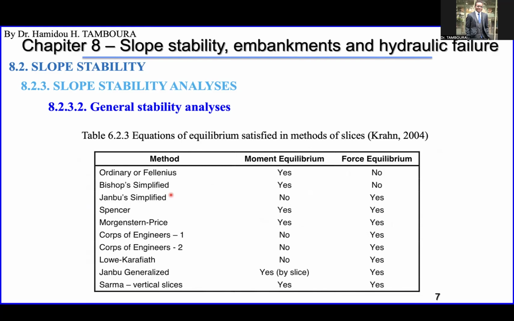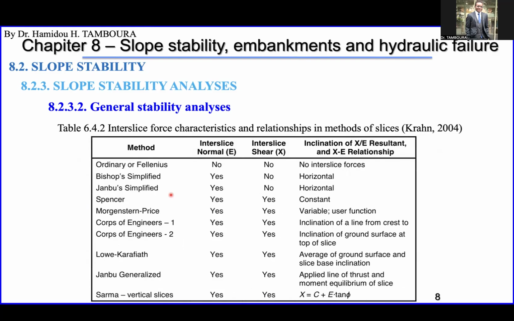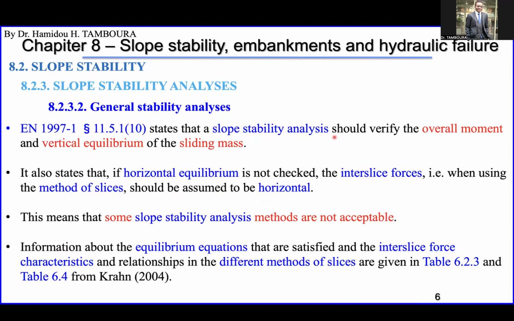But if we go in the previous slide of Eurocode, it's saying here, first, overall moment and vertical equilibrium of slide should be satisfied. If horizontal equilibrium is not checked, the interslice forces should be assumed to be horizontal.